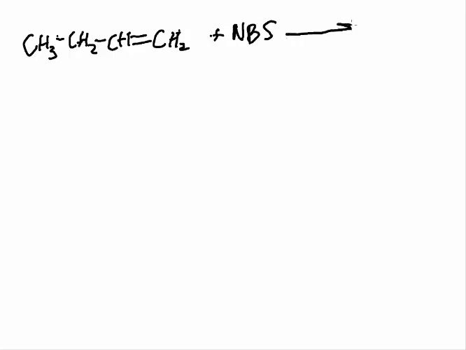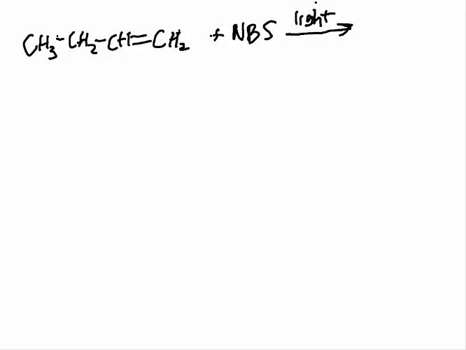Now we need, in all cases, to supplement that with light. Light is going to promote the formation of radicals. We're going to get a free radical reaction. It'll give us our desired allylic halogenation product.